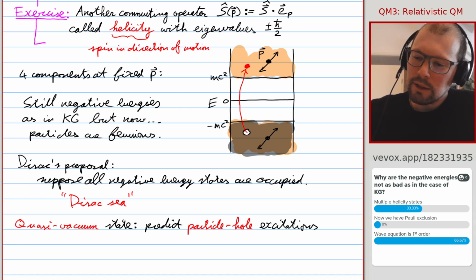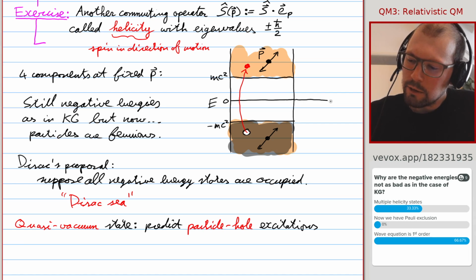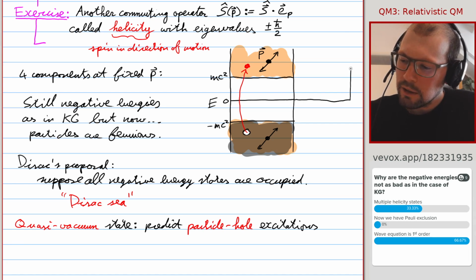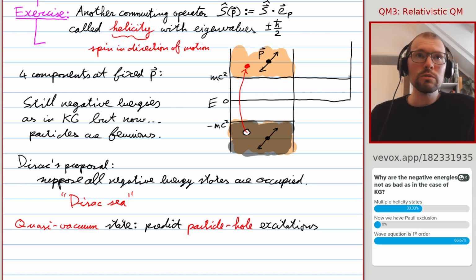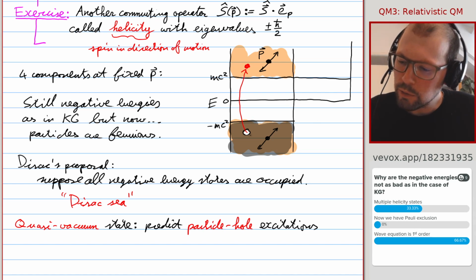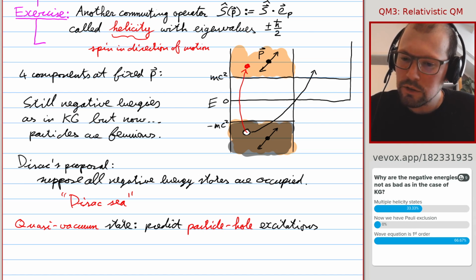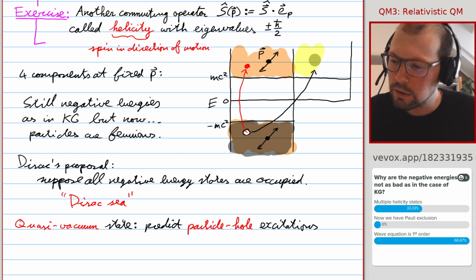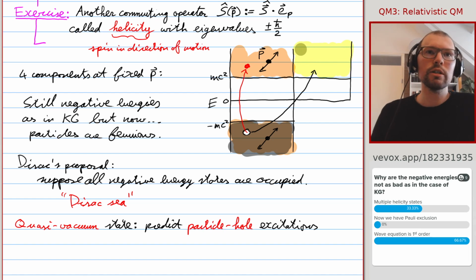So how did Dirac interpret this? Well, he figured these holes, which are excitations on top of this quasi-vacuum, perhaps they are other particles that we're actually observing. So perhaps this hole actually corresponds to a different species of particles.